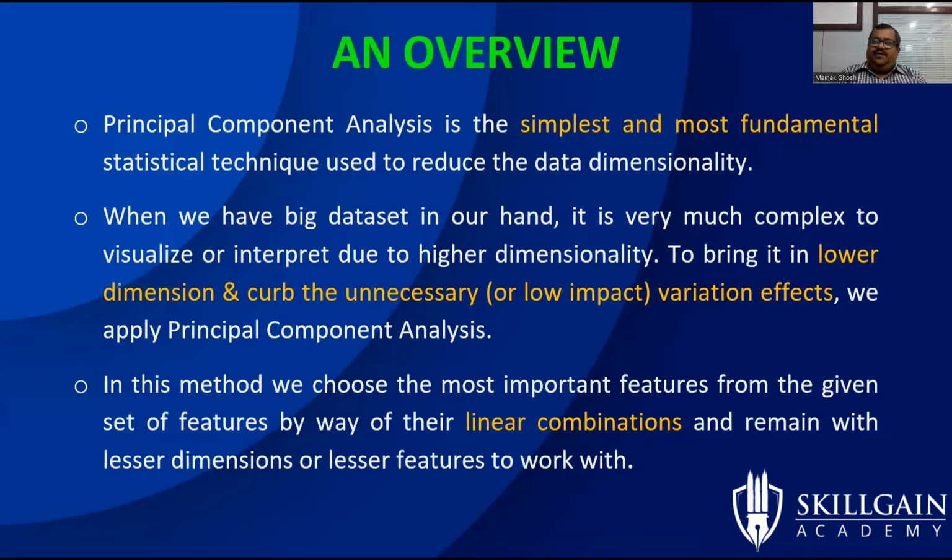In this method, we choose the most important features from the given data set by way of their linear combinations and remain with fewer dimensions or fewer features to work with. Please remember that we are not deleting any features. We are making linear combinations of those features and using each combination as one dimension.